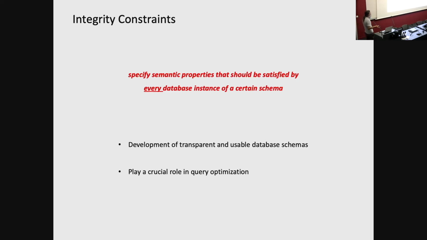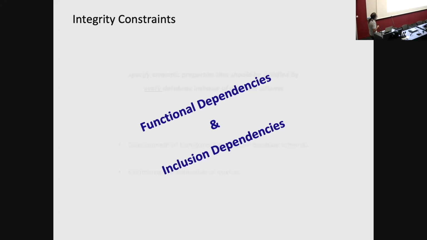There are several classes of constraints out there. Actually, in the 70s or 80s, people went mad with this topic and were introducing classes of constraints every month. But the constraints that we most commonly use in real life systems are what we call functional and inclusion dependencies.